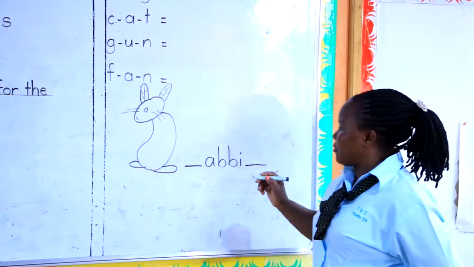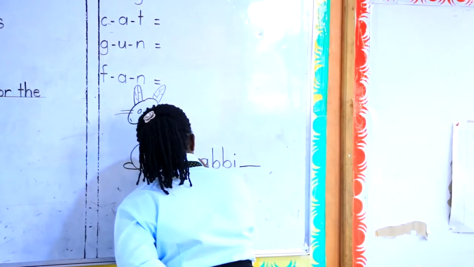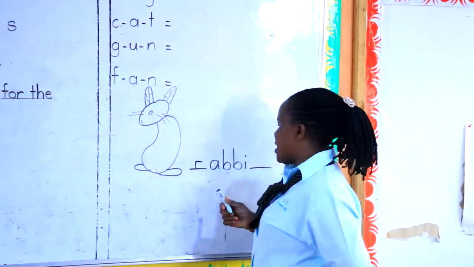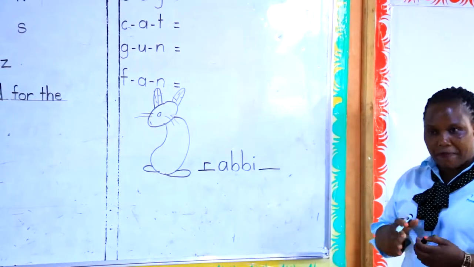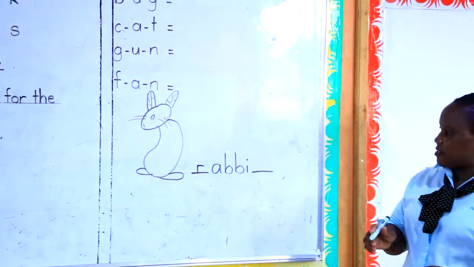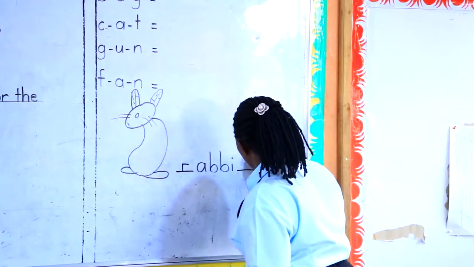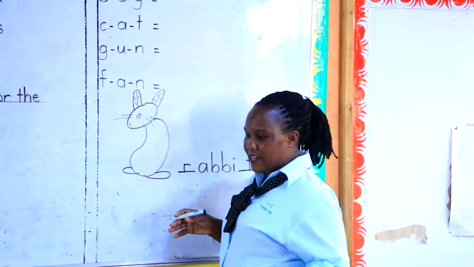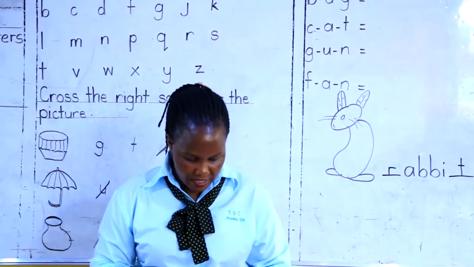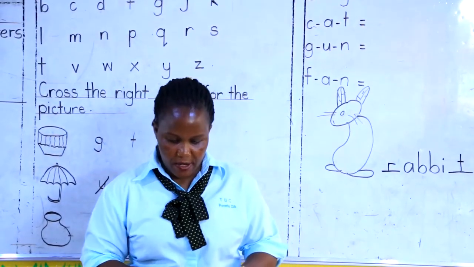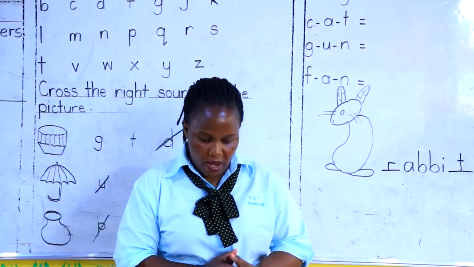Therefore you write it. You come here. What is the last letter sound in the word rabbit? Wonderful. So you write it like that. You go to the end, you do the same. That is day 10.